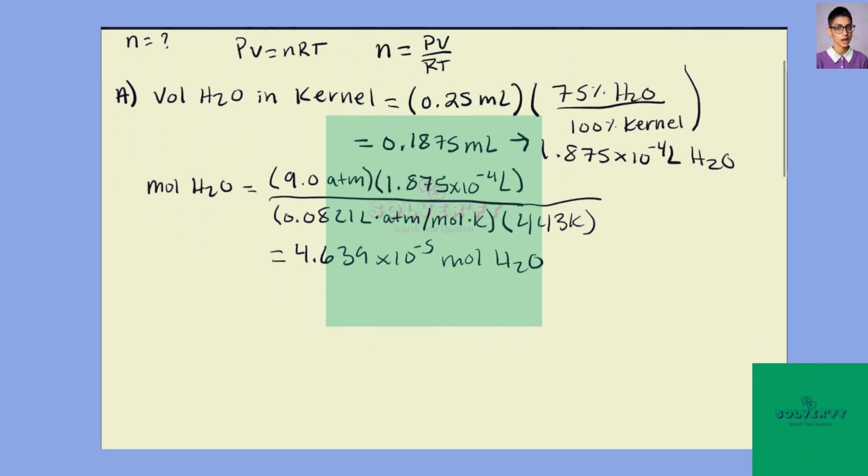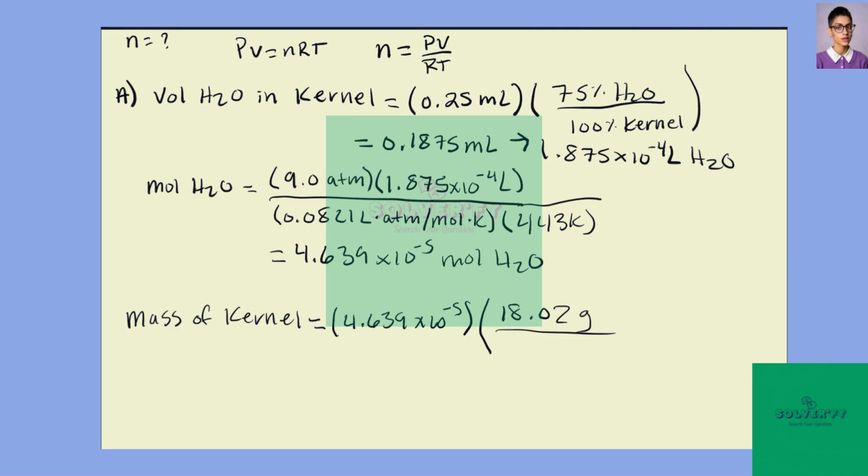So now that we have the moles of H2O, we can finally get our mass of the kernel. So the mass of the kernel is going to be equal to our number of moles of H2O, so 4.639 times 10 to the negative 5th, and we're going to times this by the molar mass of water, which is 18.02 grams per mole.